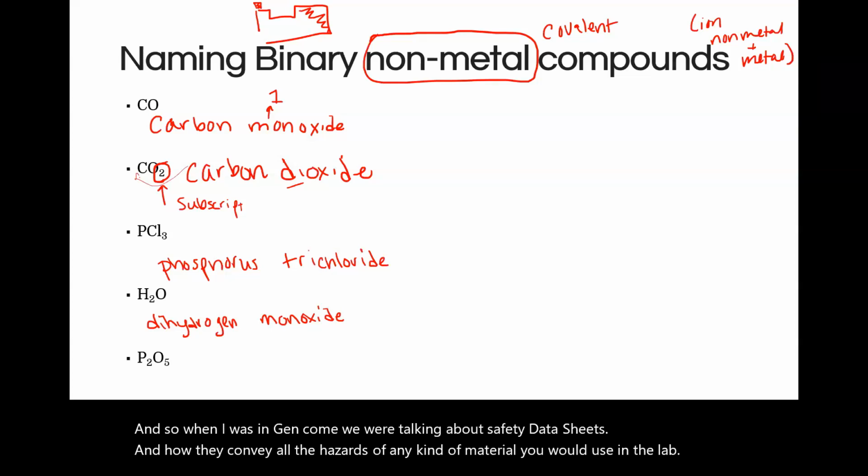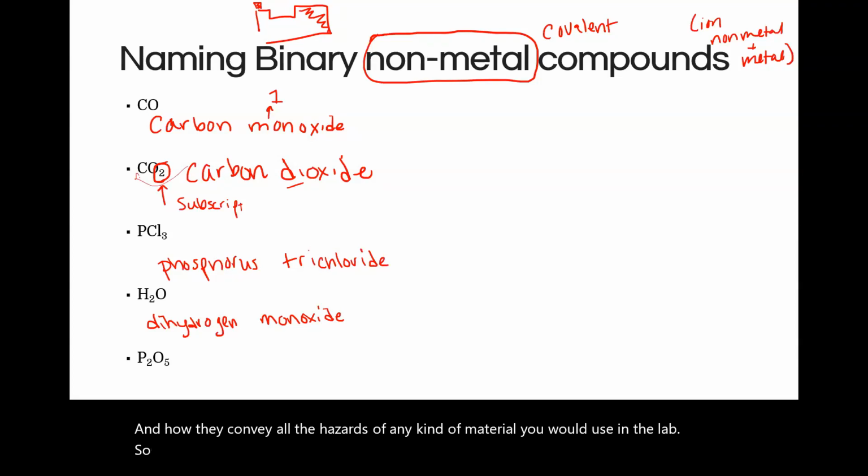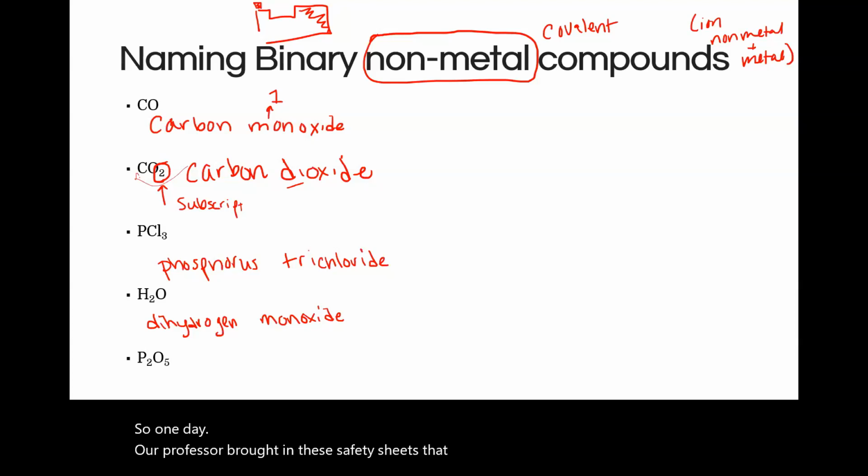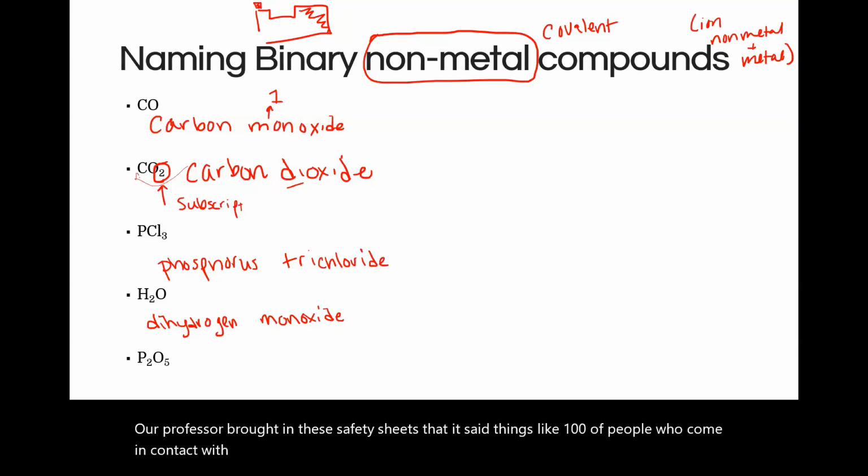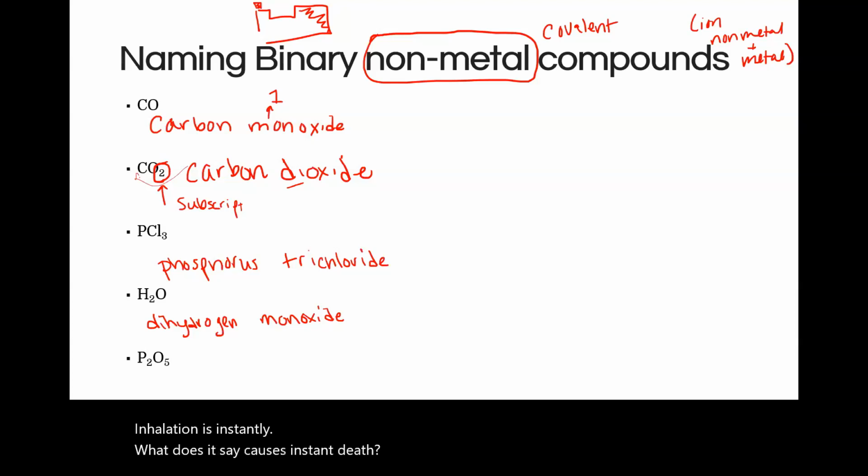One day, our professor brought in these safety sheets that said things like 100% of people who come in contact with dihydrogen monoxide die. Inhalation causes instant death. A whole bunch of stuff like that.